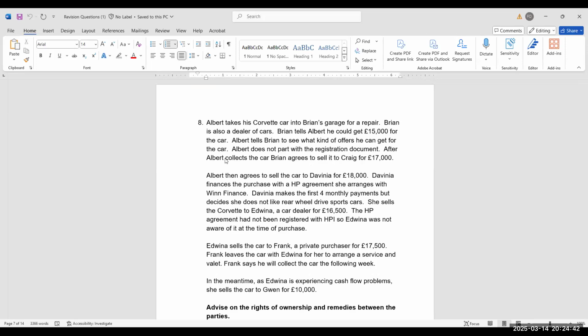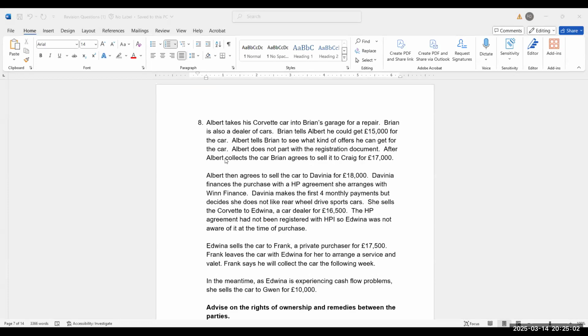So we see that Albert takes his car to the garage for repair. Because he's taking the car to the garage for repair, he's not giving it to that mercantile agent in his capacity as a mercantile agent. He's giving it to him as a repairer. So that is the first thing that tells you the direction of what the answer should be.